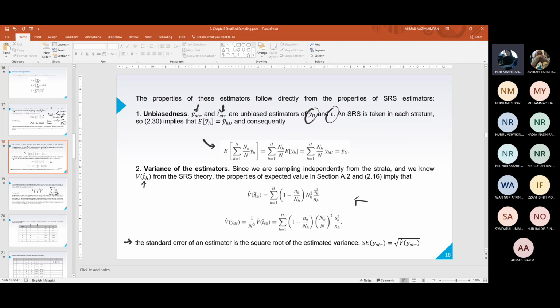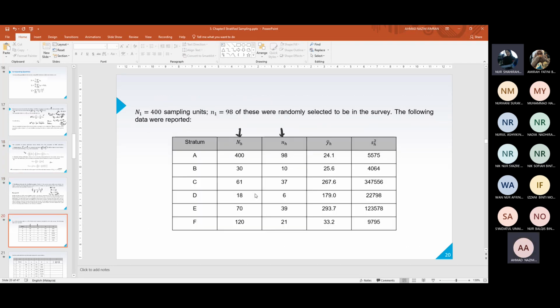Each group. This is the population of Nelchina herd. I'm not sure what it is, maybe it's a bird species. Out of the 400 Nelchina herd in stratum A, they randomly select 98 Nelchina herd. The same goes for stratum B, C, D, E, and F.